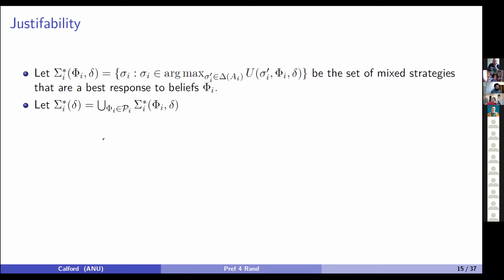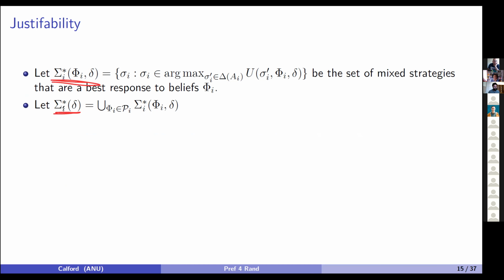So we're going to build up our definition of rationalizability iteratively, and we're going to start with justifiability. This is a more formal answer to your question from before, John Tao. We're going to let this set be my set of mixed strategies that are a best response to these beliefs, phi. And then this set is going to be the union over all my possible beliefs.